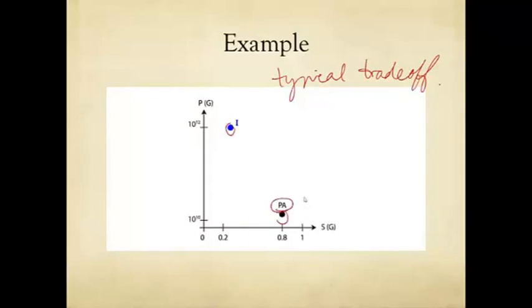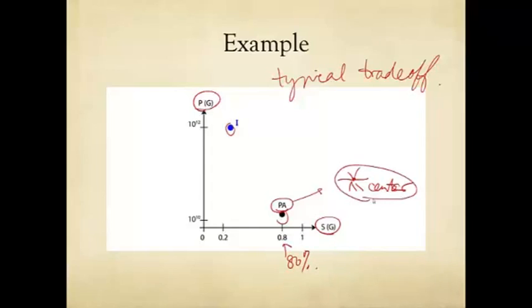And yet preferential attachment, which leads to highly connected nodes in the center of the network, sits here in the trade-off space between P and S. It is much more likely, it's an 80% chance, you're going to draw at random something that looks like a preferential attachment generated topology, a scale-free network with highly connected nodes at the center.